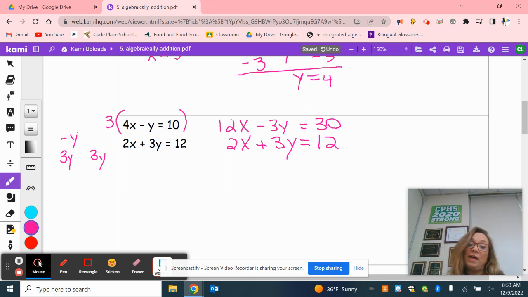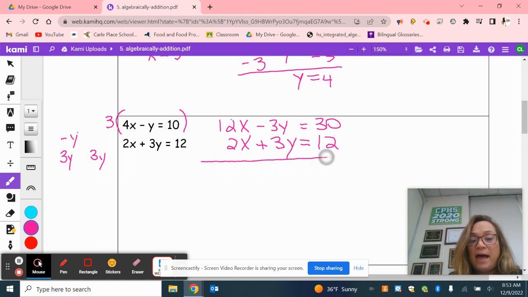So make sure that when you multiply by that 3, you are multiplying everything. Okay, that's the multiplication property of equality. You want to multiply everything in the equation. Okay, so now I have it lined up, x, y, equal sign, number, and I have the additive inverses.